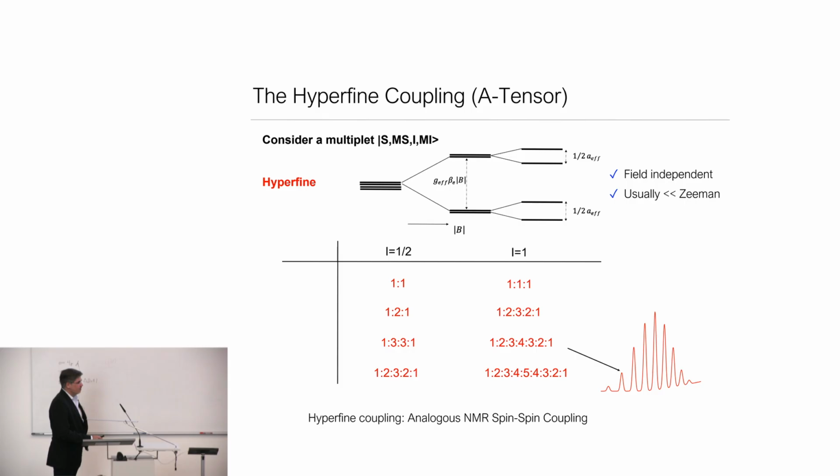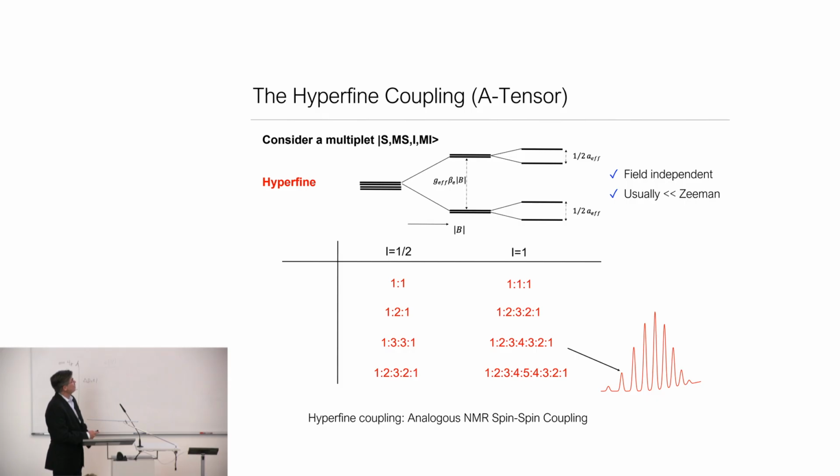So the next interaction is then the hyperfine coupling. So let's assume we have a single nucleus with a nuclear spin that is different from 0. And then the nucleus will behave as a bar magnet too. And what will happen then is initially, say if your electron spin is 1/2 and your nuclear spin is also 1/2, then initially the magnetic field will split these levels into the m sub s minus 1/2 and the m sub s plus 1/2.